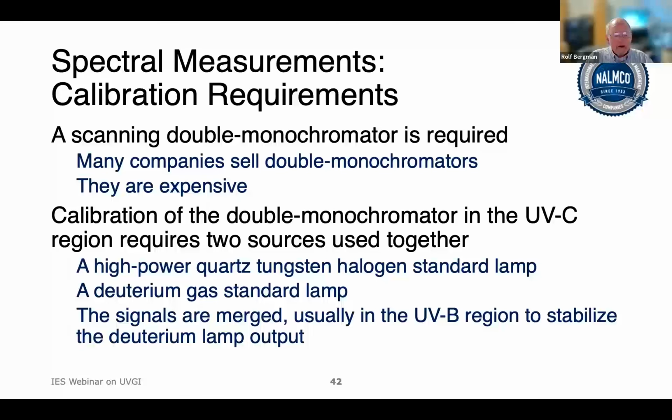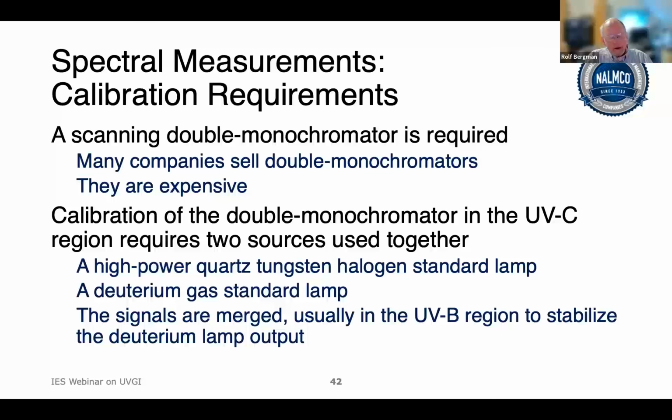And to calibrate it, you need two sources. That's because you would want to use a deuterium lamp, which will calibrate over the UVC region. But the deuterium lamp output is not stable. And while the spectral data is stable, the intensity is not.